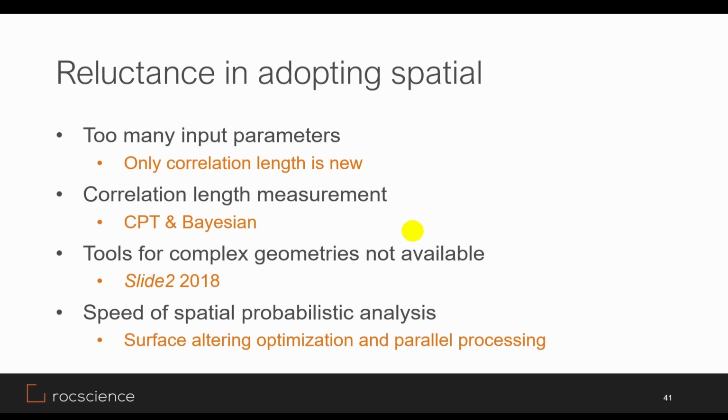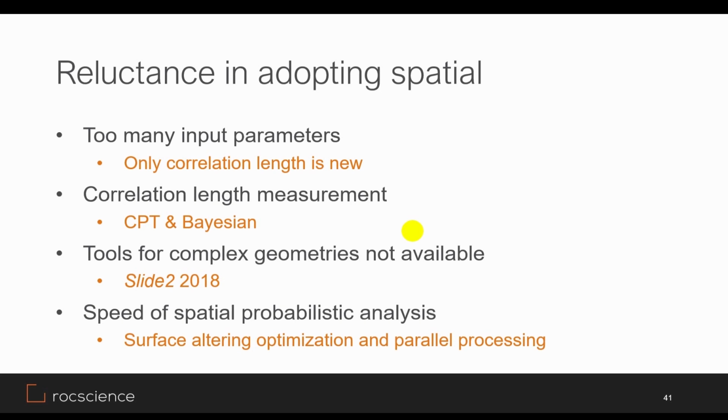The other problem was that the tools for complex geometries were not available for geotechnical engineers. But after introducing Slide 2018, there is no problem of modeling slopes with complex geometries considering the spatial variability.